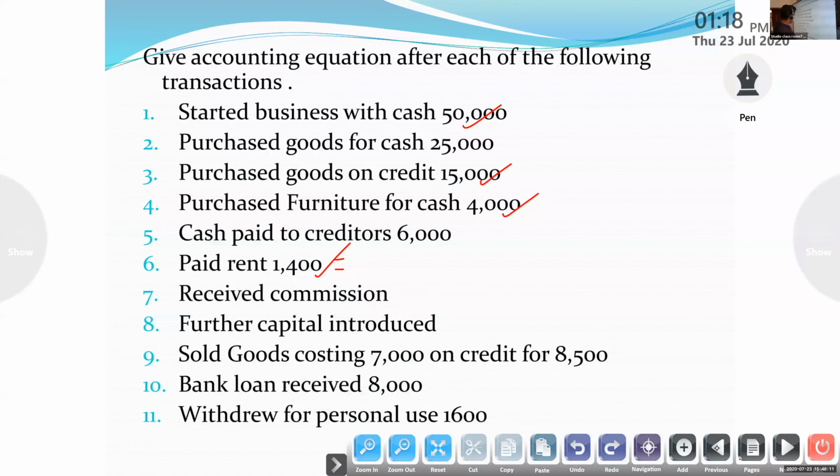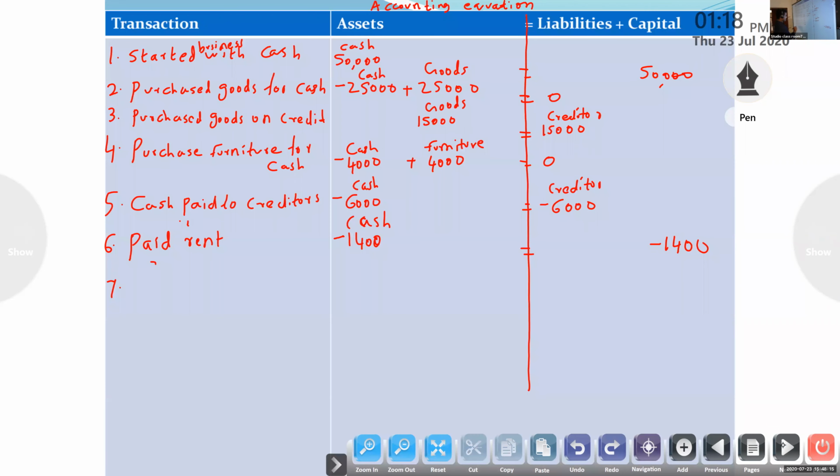After paid rent, received commission, amount is 2,000. So received commission 2,000.